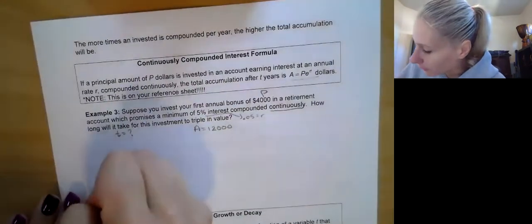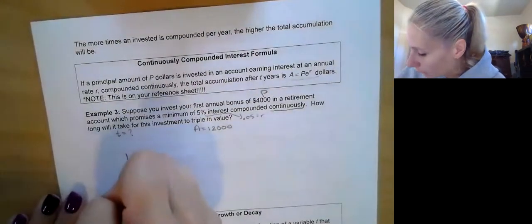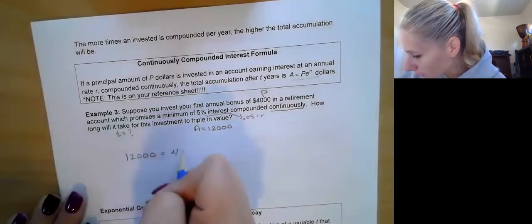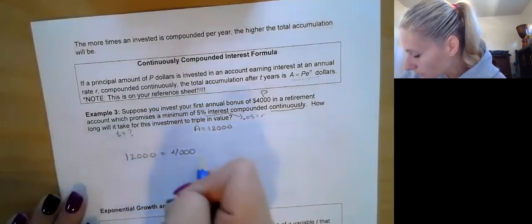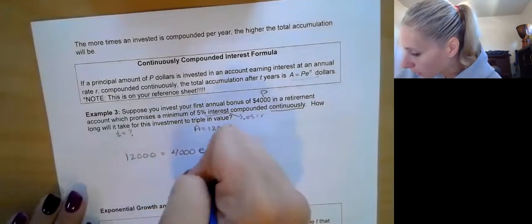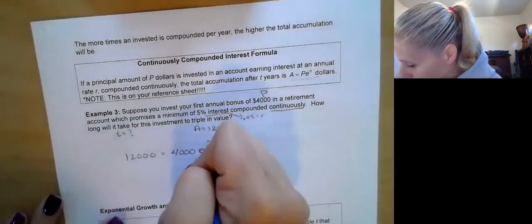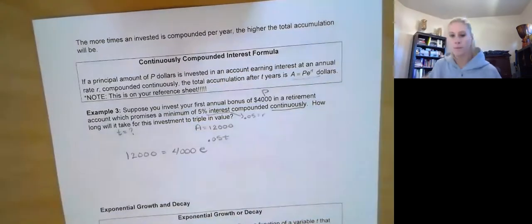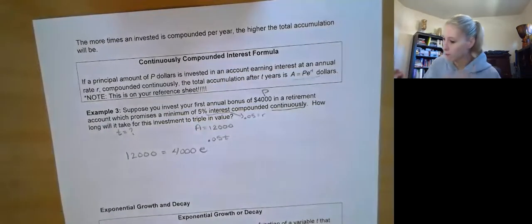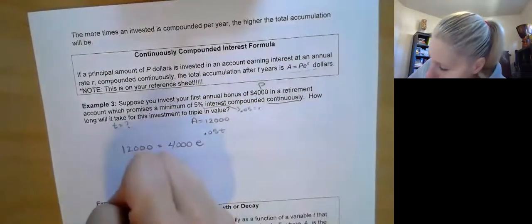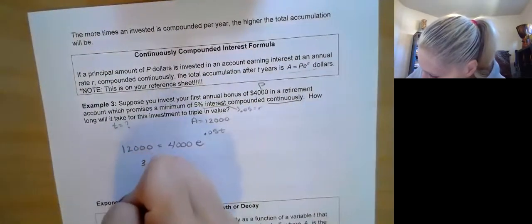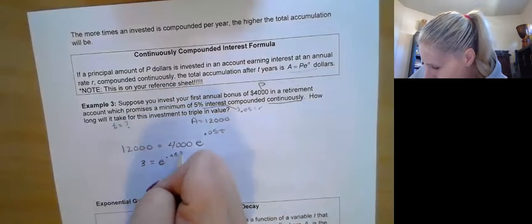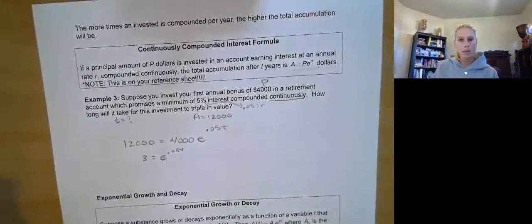All right, so let's set this up. So we have 12,000 equals 4,000 e to the R, which is 0.05 T. Awesome. Now we're going to solve, right? Let's move this over so we get 3 equals e to the 0.05 T. Well, how do we get rid of e?